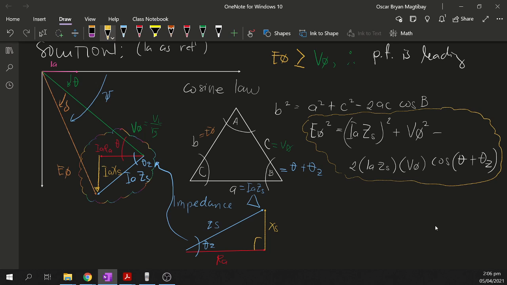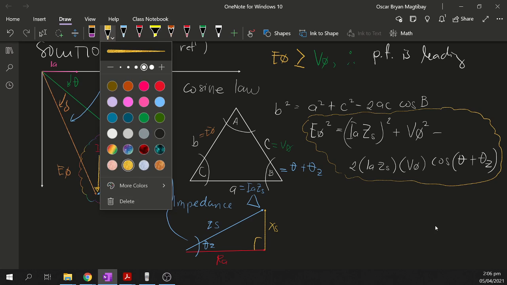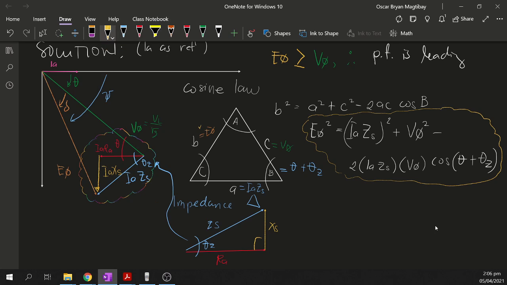So the side B is your E phase, side C is your V phase, side A is your IA Zs. So, bakit ko pinatukuyan ito? Dahil mas madali yung magiging approach natin pagdating kay angle B. Bakit natin kailangan si angle B? Kasi si angle B, nandoon yung value mo ng theta.